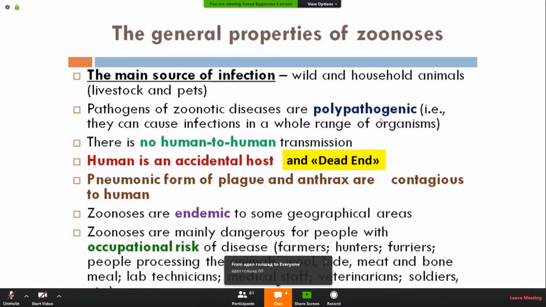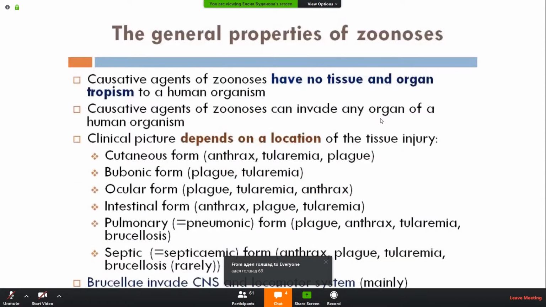The next common feature, general property. As they are typical to animals, they lack tissue tropism to the human organism. That is why they can invade any tissue and any organ. And the clinical picture depends on the location of the disease. We can divide clinical manifestation into different forms. There is a cutaneous form, bubonic form.